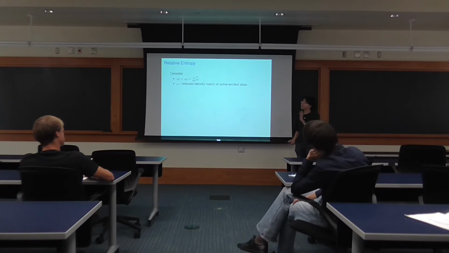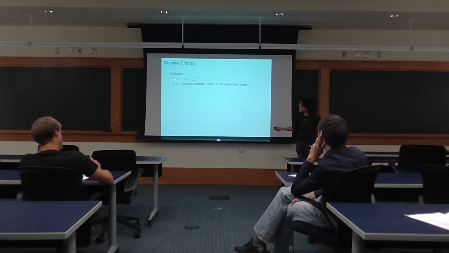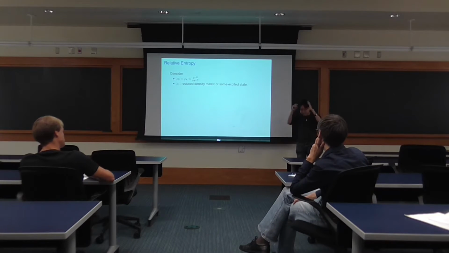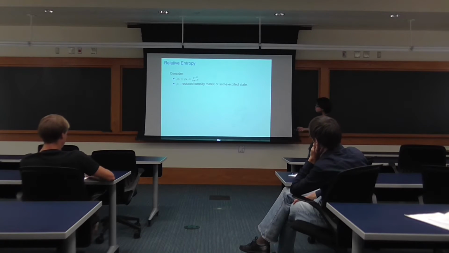So for us, let us consider ρ0 to be the reduced density matrix of the ground state. Again, region A is chosen to be a sphere, and so we have good knowledge about what the modular Hamiltonian is. And now let us consider ρ1 to be some excited state. For this excited state, we also take a trace over the region outside of A and compute the reduced density matrix of this excited state.